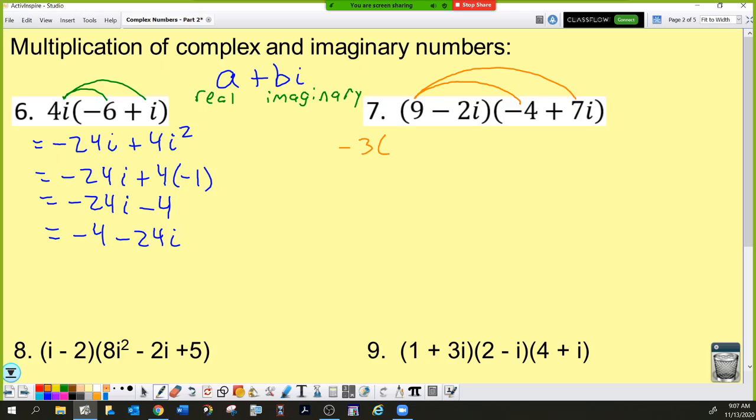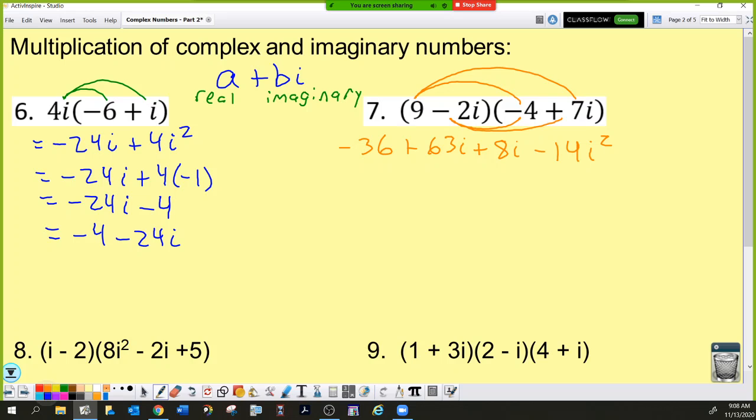So negative 36 plus 63i. Negative 2i times negative 4, that's positive because I'm multiplying 2 negatives, 8i. Negative 2i times 7i, negative 14i squared.